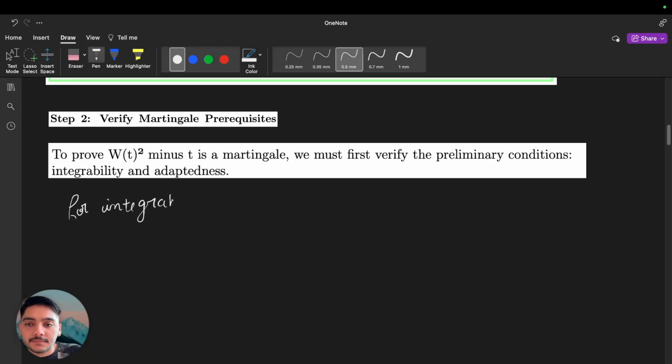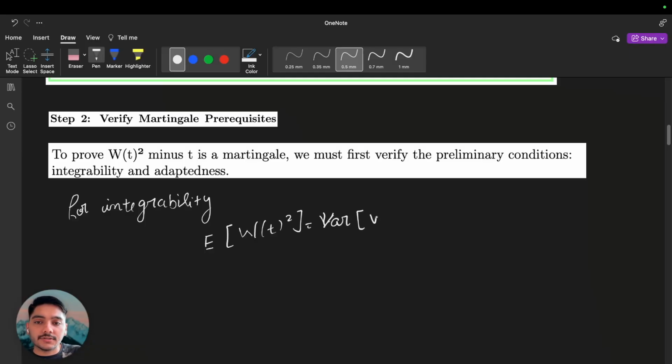Since Wt follows a normal distribution with variance t, the expectation of Wt² is equal to the variance of Wt, which is equal to t, and t must be less than infinity.